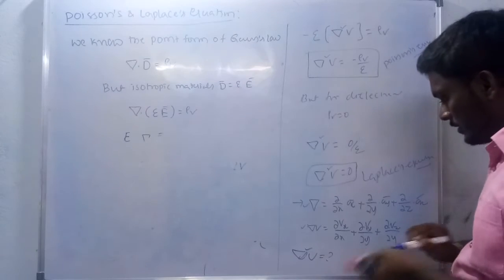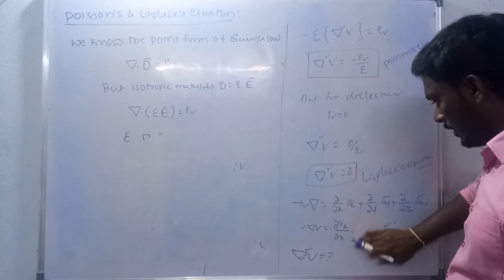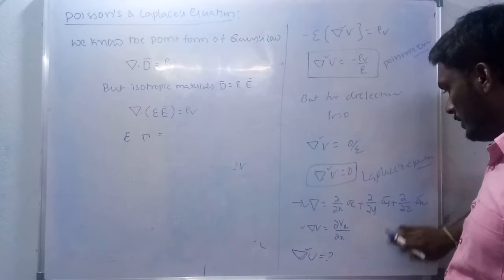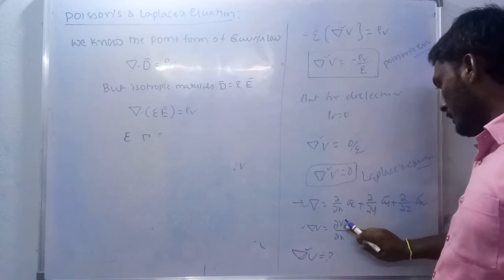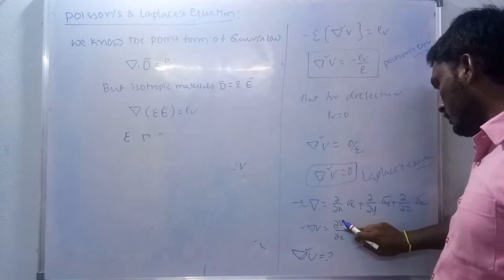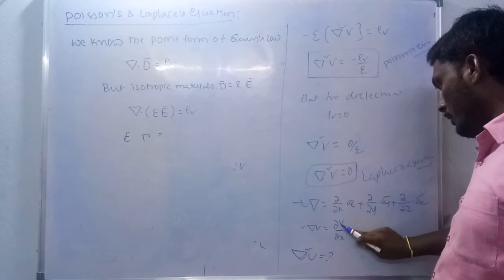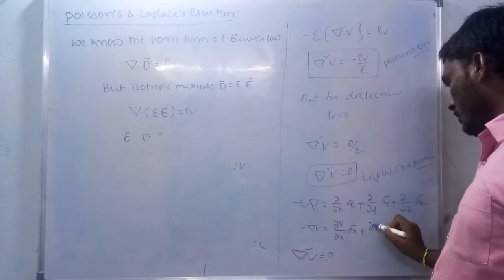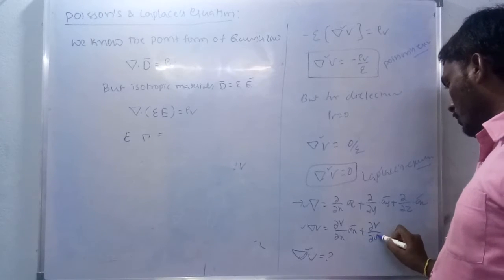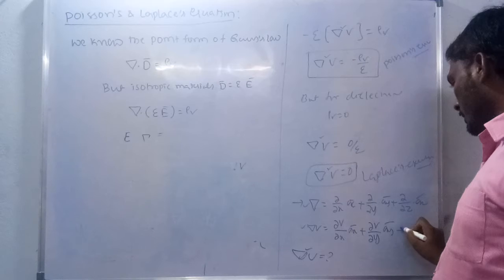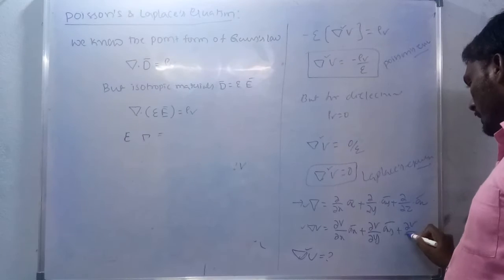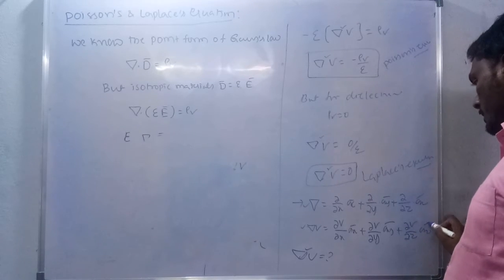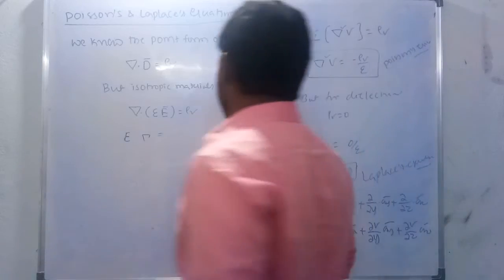As V is a scalar quantity, you should write here dou V by dou x ax bar plus dou V by dou y ay bar plus dou V by dou z az bar, as it is a scalar only.